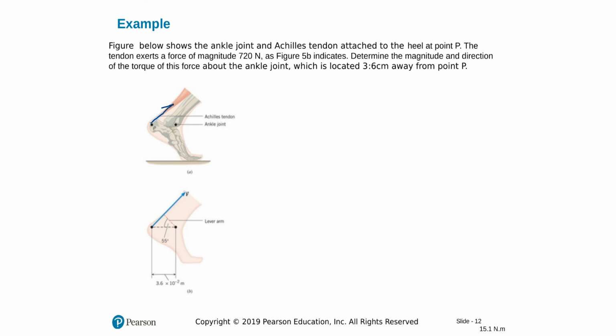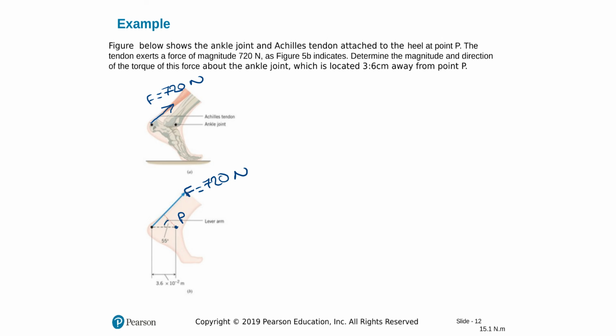We have a force applied by a muscle here, which is called the Achilles tendon, and this force is given as 720 Newton, shown in here as well. So this is our F. And we're asked to find what is the torque this F applies to the ankle point here. So this would be our pivot point.